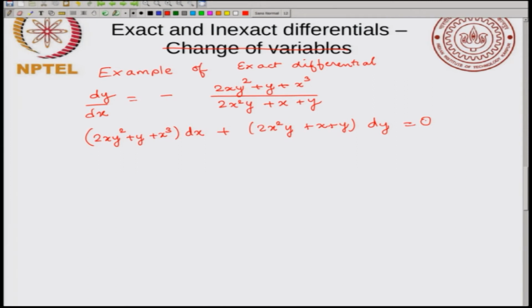So, this is my equation, and you can verify. So, ∂M/∂y is equal to 4xy plus 1, and ∂N/∂x is equal to 4xy plus 1. So, clearly it is an exact differential.